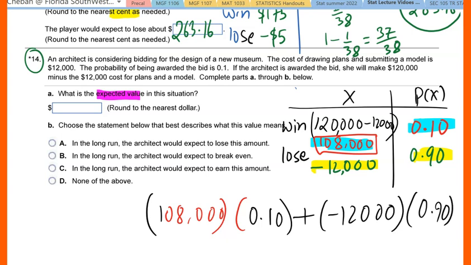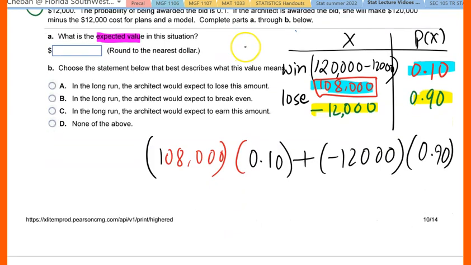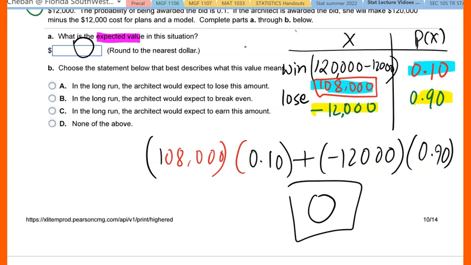If you do the calculation using a calculator, you get 0. Therefore, the expected value is 0. What do you mean by that? That means in the long run, the architect would expect to break even. Break even means neither profit nor loss. That's called break even.